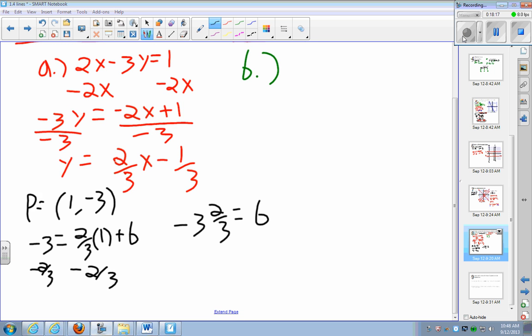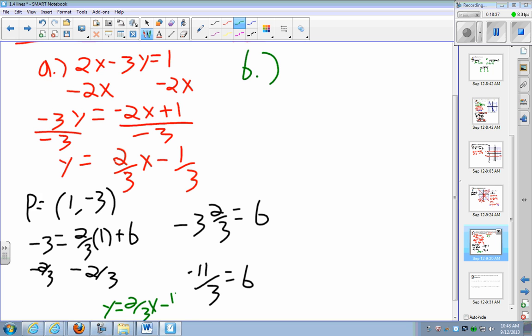And if we were to write this out into the straight fraction form, we end up getting that negative 11 over 3 is equal to b. And so our final answer is going to be y is equal to 2/3 x minus 11 over 3.